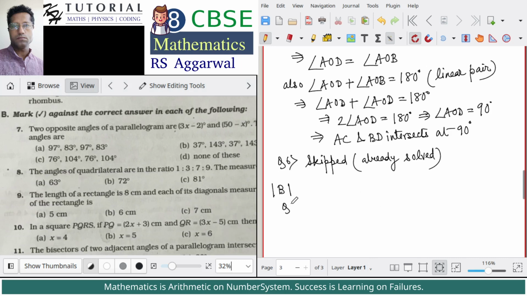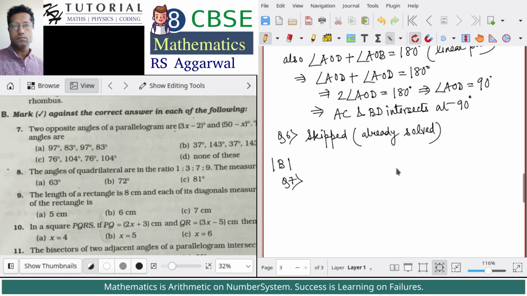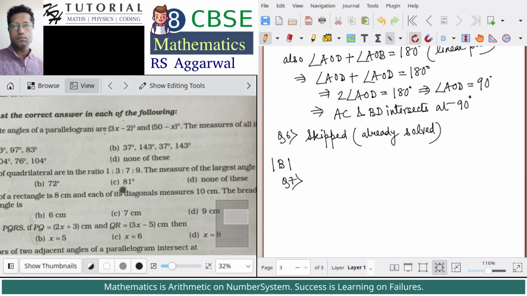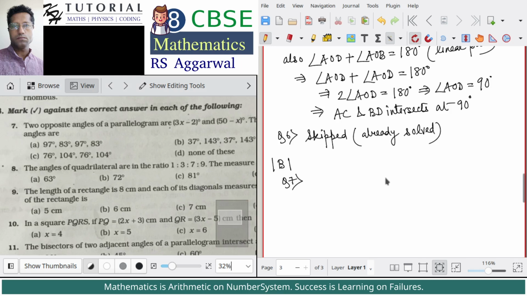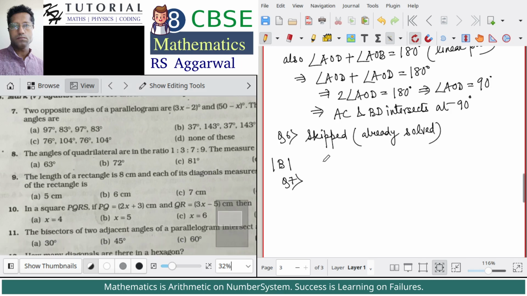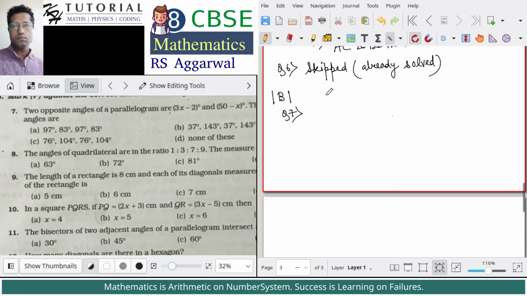Question 7 says two opposite angles of a parallelogram are 3x minus 2 degree and 50 minus x degree. So the measure of all the angles are. It is given that, let's say this is the parallelogram ABCD.